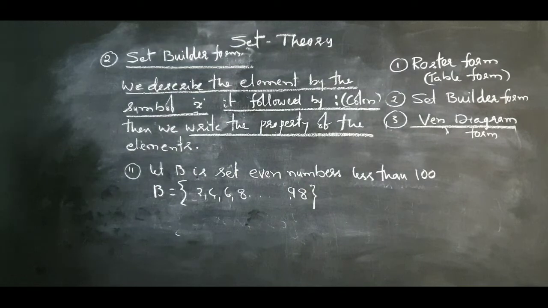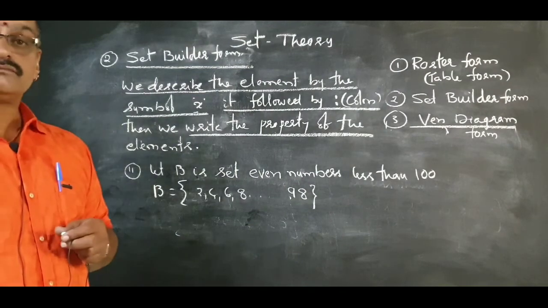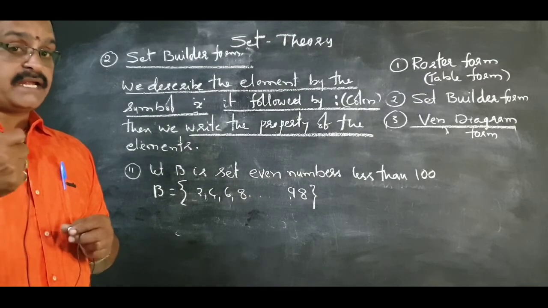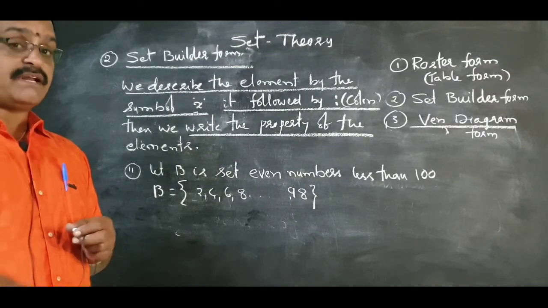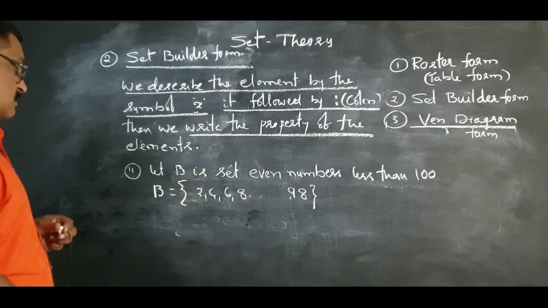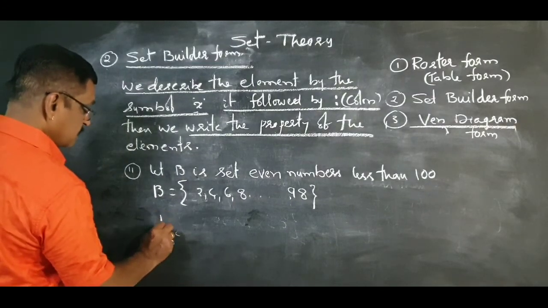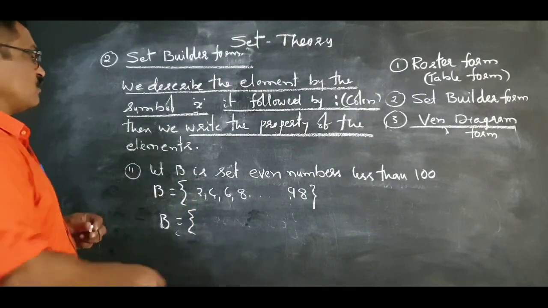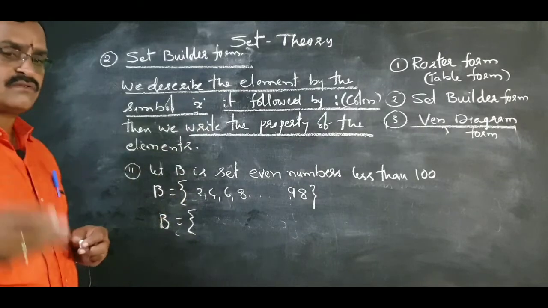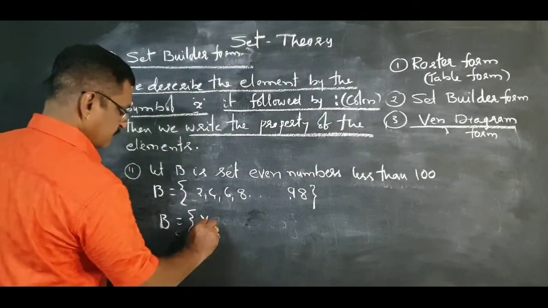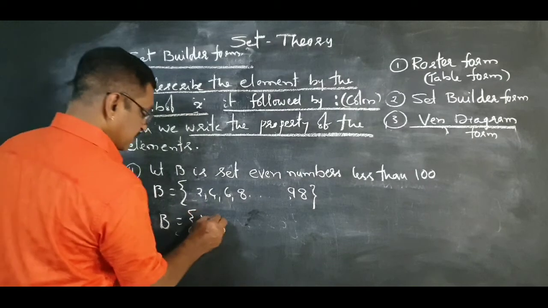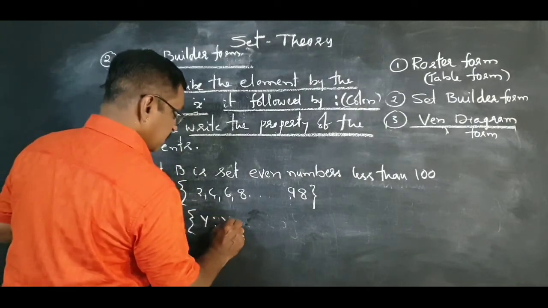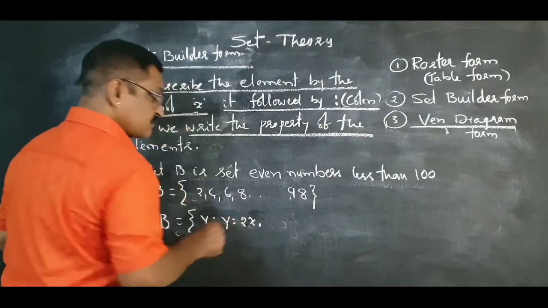And we know that even numbers are multiples of 2. That means if you multiply any positive integer by 2, you will get an even number. I am going to use that property. So first I write B is equal to. See, no need to always use x. I can use y, z also. So here I use y. y such that, what is the property of y? y is equal to 2x.